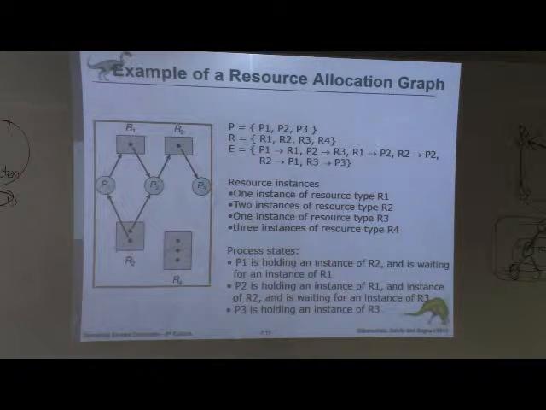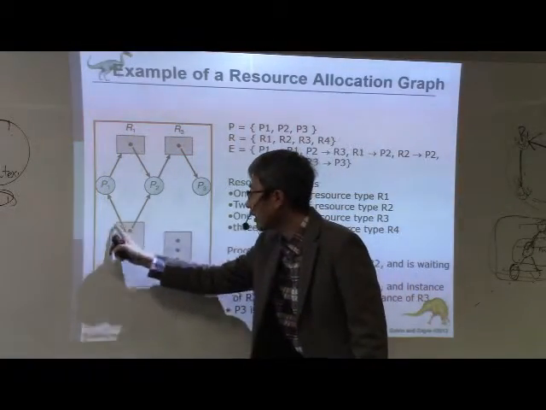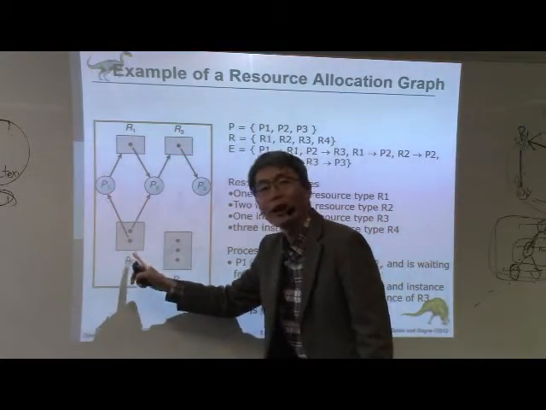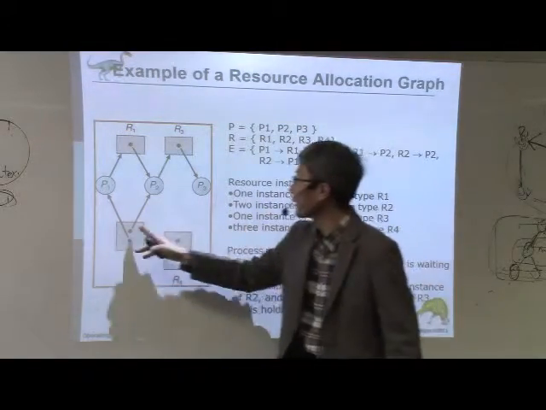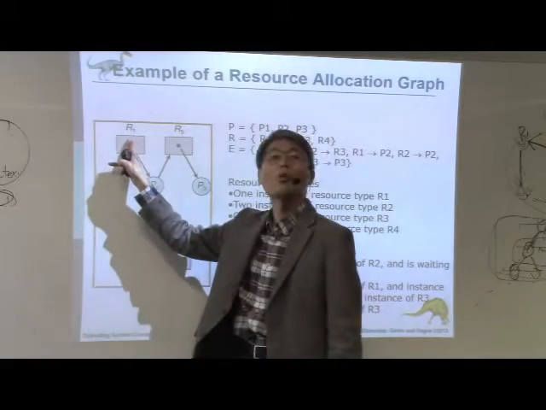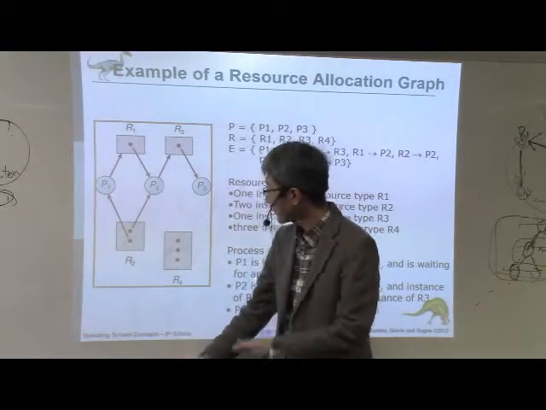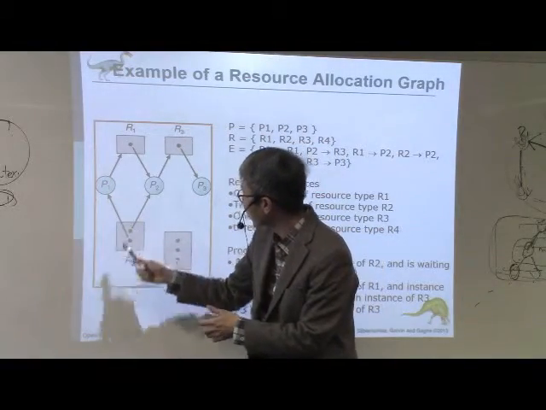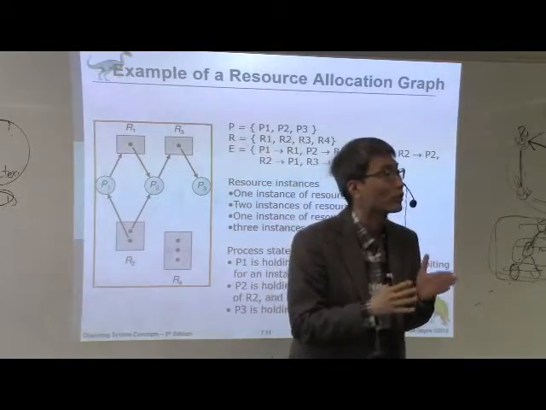P1 is currently holding one instance of R2. Then it requests R1.